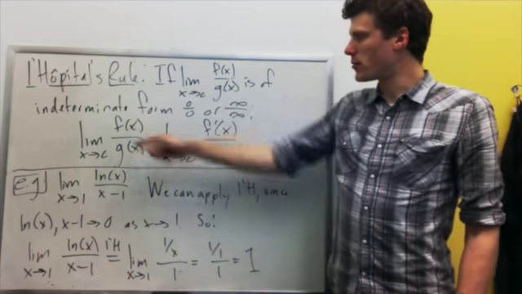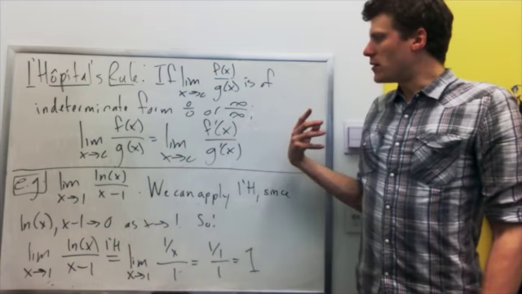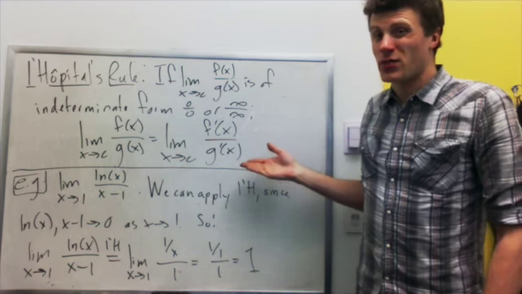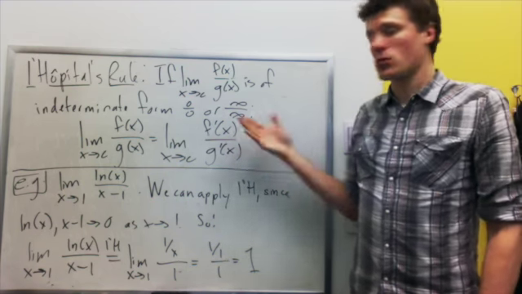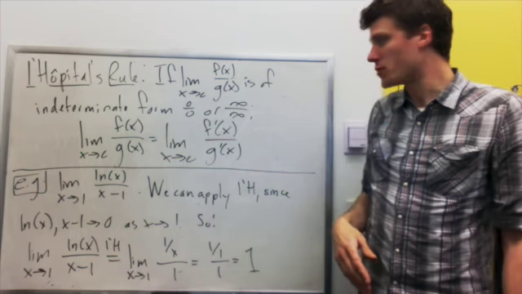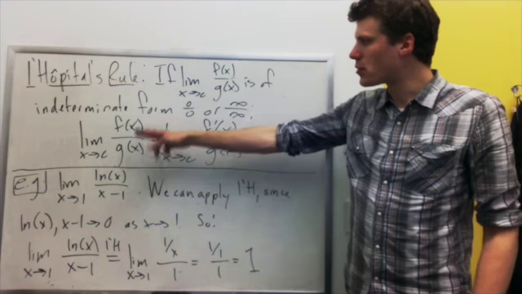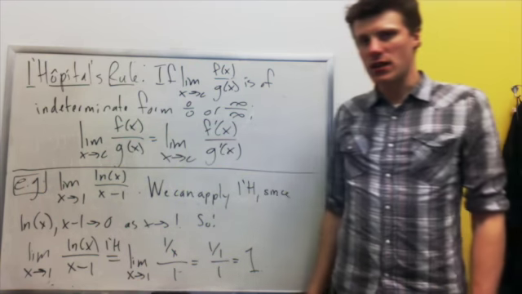So the limit of f over g is the limit of f prime over g prime. And it basically says what we wish the quotient rule did say, so it's actually a little bit easier than some of our rules in the past. But this requires that we have 0 over 0 or infinity over infinity. So let's see an example.